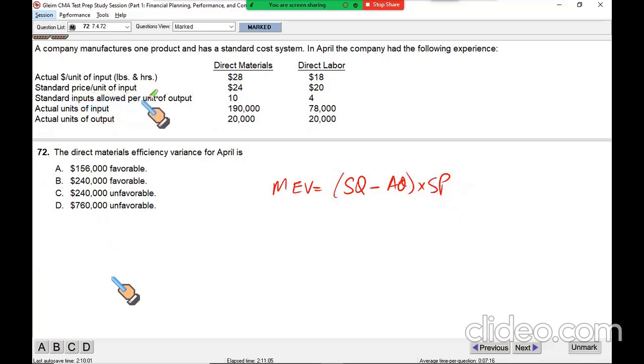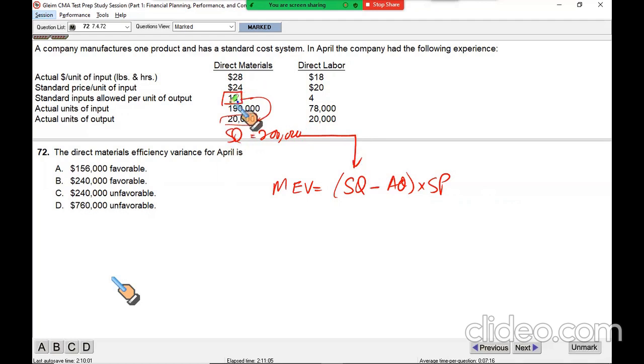Standard input per unit of output: each unit should use 10 units of material. How many units did you produce? You produced 20,000 units. As per our standards, each unit should use 10 pounds or 10 kg of material. Means 20,000 units should consume 200,000, the standard quantity that you will replace here.